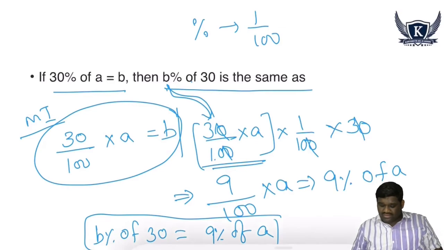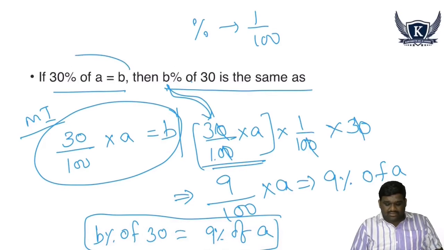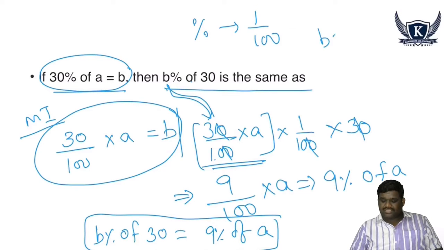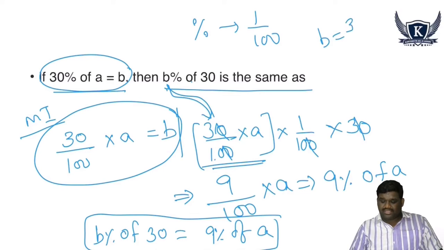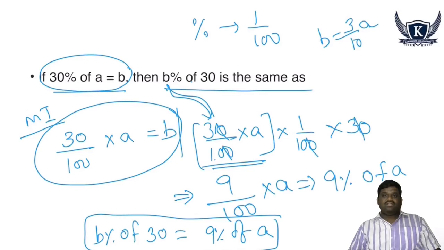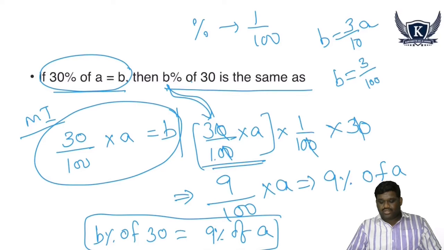How do we solve this question logically? See, 30% of A is B. That is nothing but, as I have already discussed, percent means by 100. 30 by 100 is nothing but 3 by 10. 3 by 10 times A. B is equal to 3 by 10 A. Now B percent is nothing but 3 by 1000 into A, because I have to multiply the denominator by 100 again.